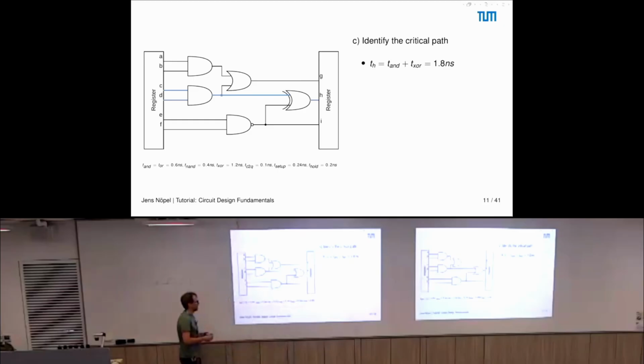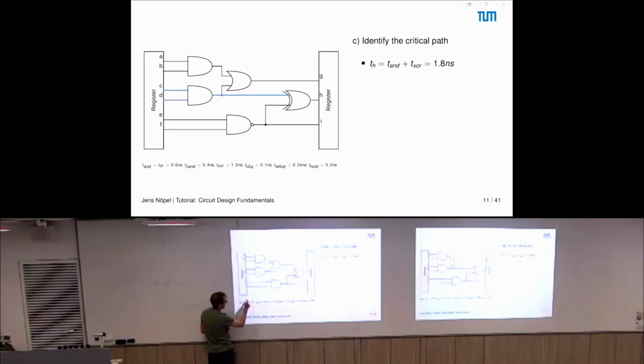And now we have three things we need to think about. So this is the time span, which is, if we get a rising clock edge here, a time span that is needed until we actually have a Q at the output.